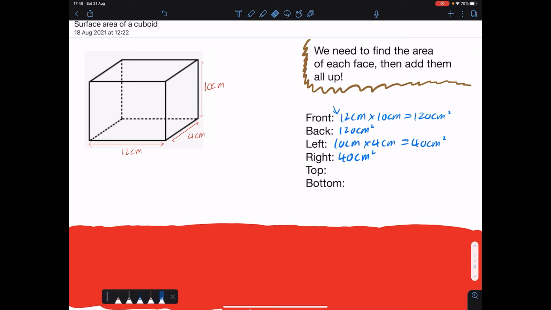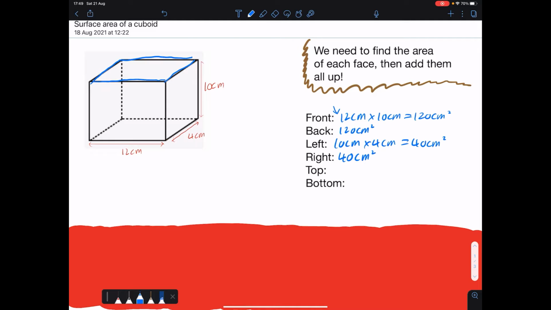Okay, so now let's address the rectangle found at the top of the cuboid, which is here. This rectangle has one side length of 4 centimeters, which is the depth of the cuboid, and another side length of 12 centimeters.